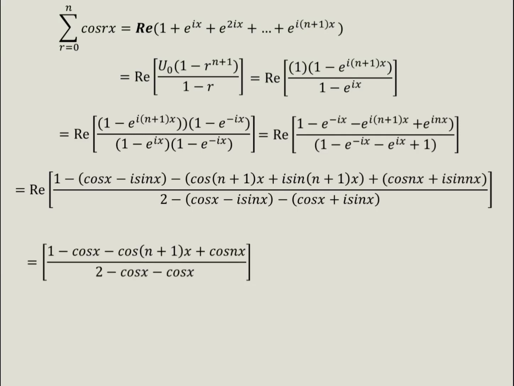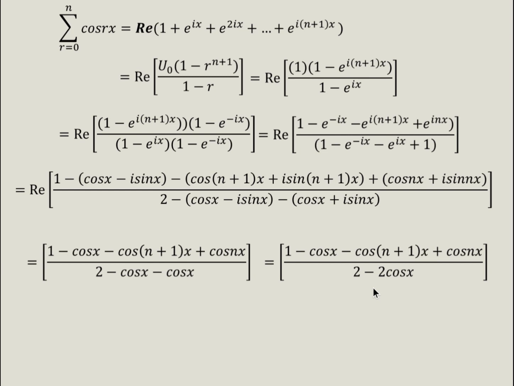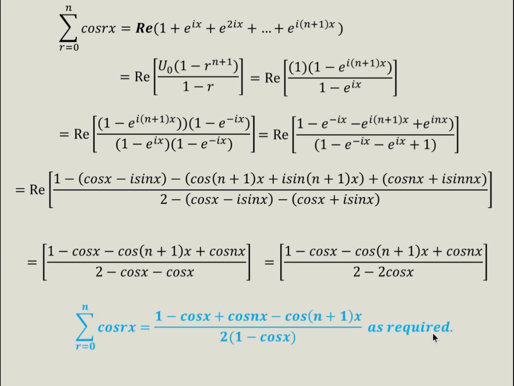From here, the real part of that complex number is 1 minus cos x minus cos (n plus 1)x plus cos nx all over 2 minus cos x minus cos x, which upon simplification gives 1 minus cos x minus cos (n plus 1)x plus cos nx all over 2 minus 2 cos x, which is the expression we were seeking to prove.